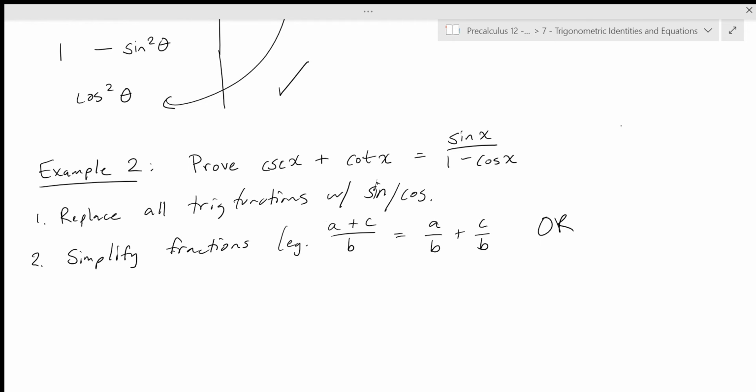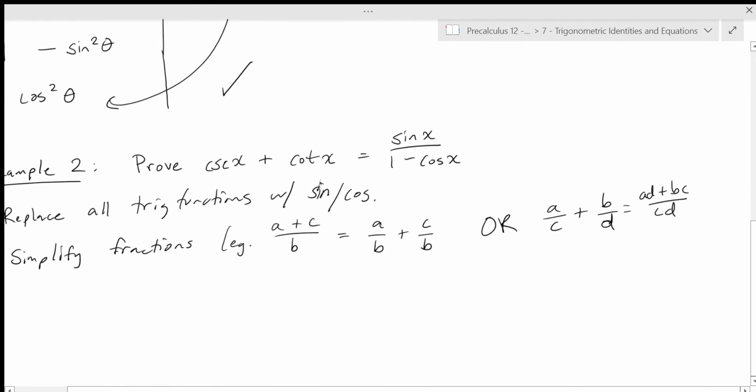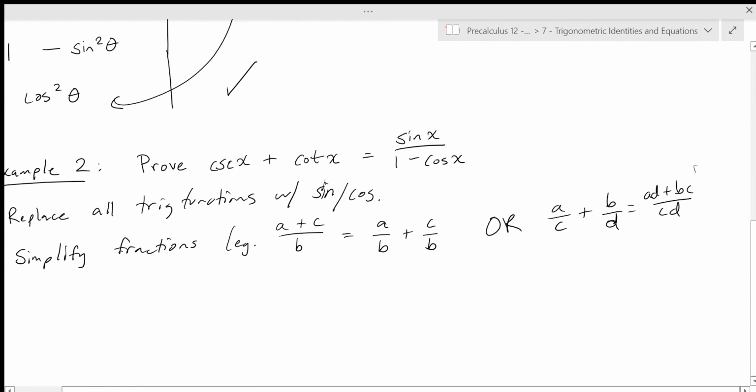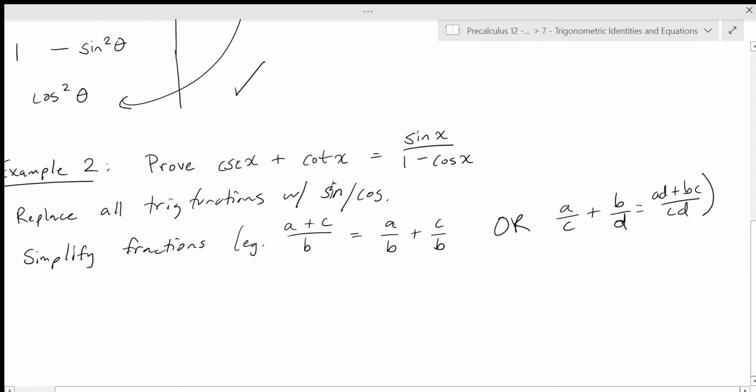Or if you have two fractions with different denominators like a over c plus b over d, you might try finding a common denominator: ad plus bc over cd. So you might try finding a common denominator and adding them together. There's not a particular direction that makes things simpler 100% of the time. It really depends on your problem.